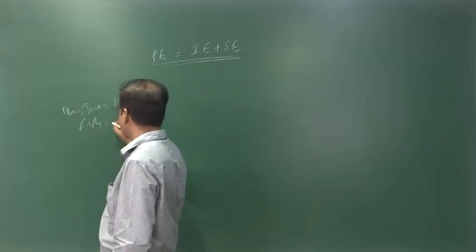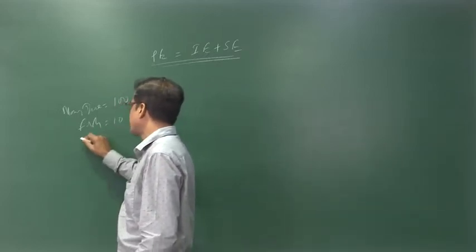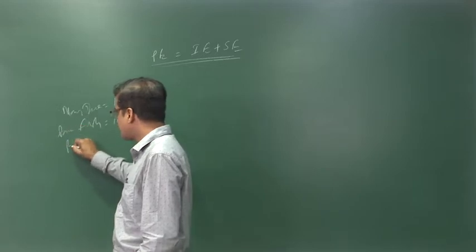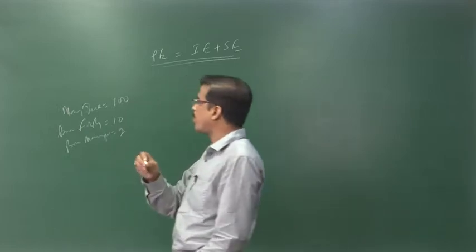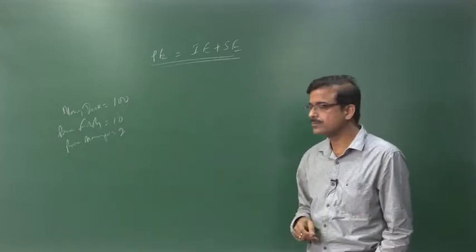So, the price of wheat is given to be 10 rupees and the price of mango is given as 2 rupees per unit.